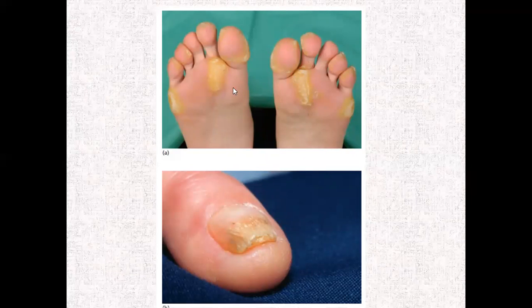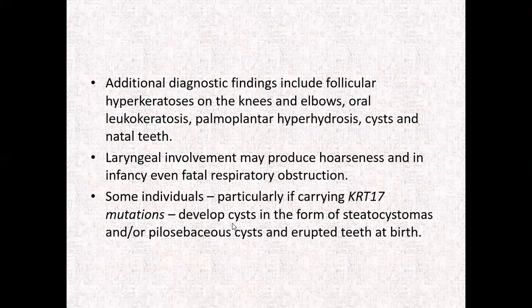So you can see the keratoderma is mainly focal and on the pressure areas, and hyperkeratosis of the nail is the main feature of Pachyonychia congenita, and all 20 nails are not involved. The additional diagnostic findings include follicular hyperkeratosis on knee and elbow, oral leukokeratosis, which is an important feature in type 1, palmoplantar hyperhidrosis, and cysts and natal teeth, which are important features of type 2.